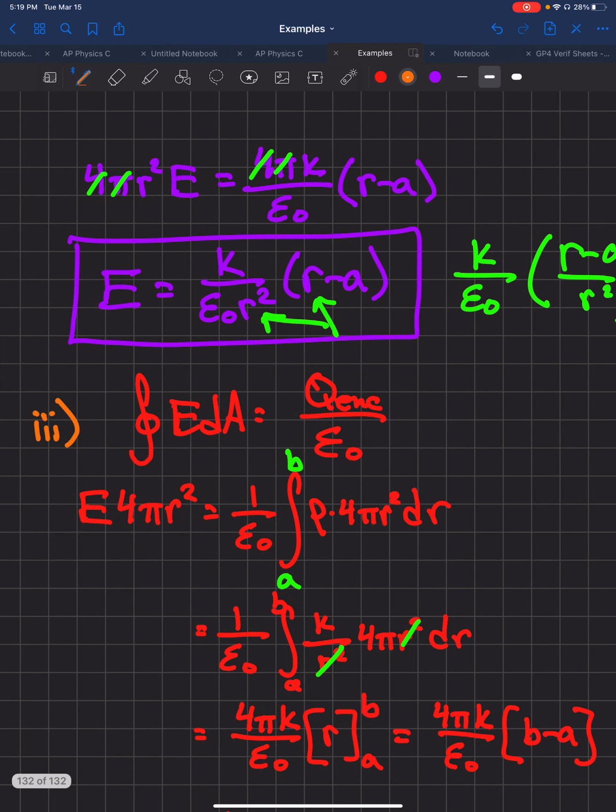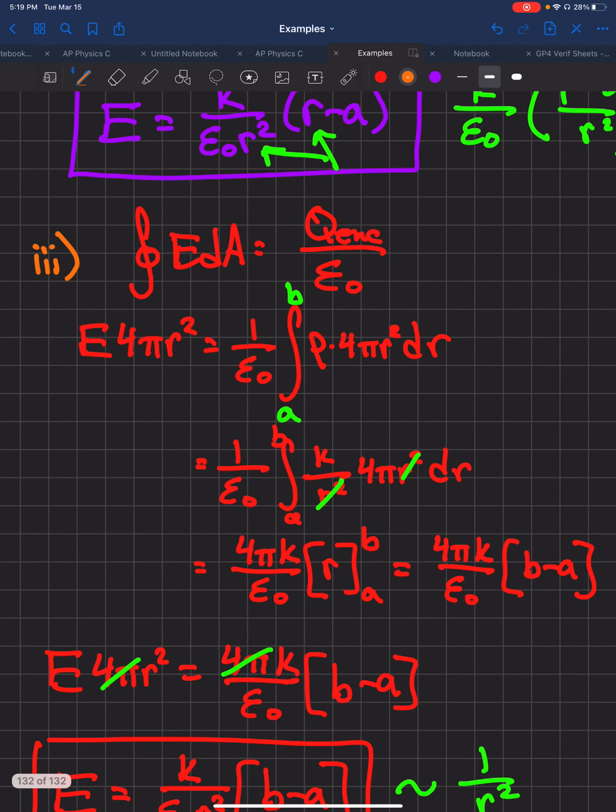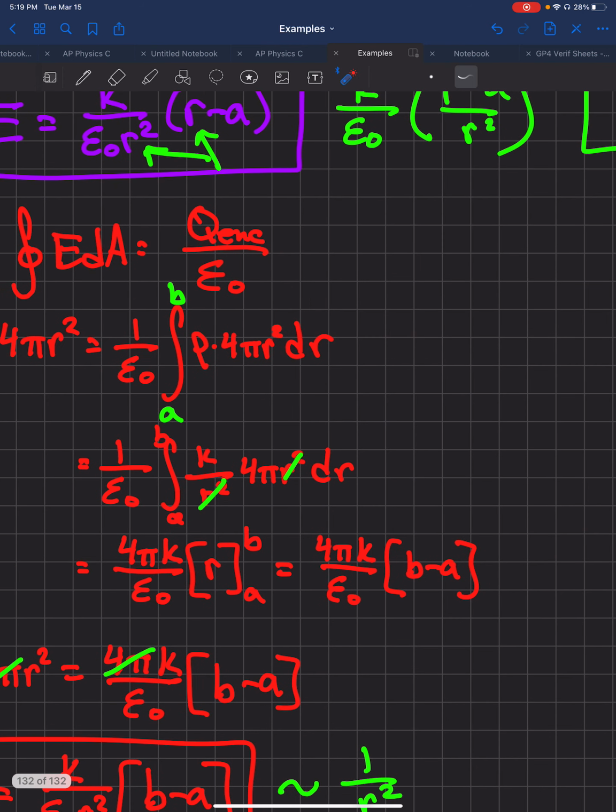Okay, now the last region is outside of the entire shell. The process is identical. You write out Gauss's law, Q enclosed over epsilon naught. The left side of Gauss's law is identical. There's no change, which is nice. The right side, though, the only difference this time is our limits of integration.